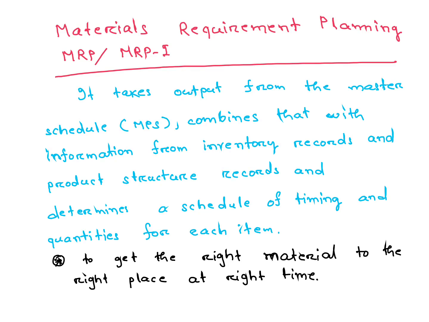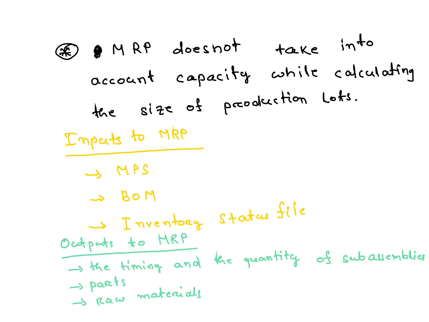This is very important. Objective is to get the right material to the right place at the right time. MRP does not take into account capacity while calculating the size of production lots.